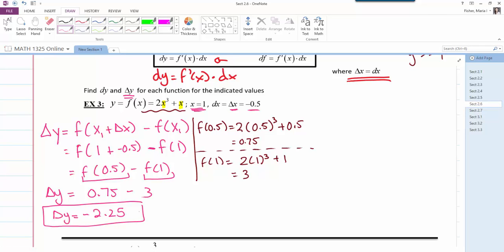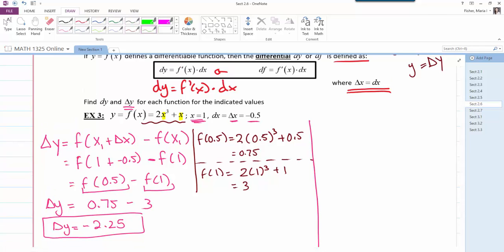Well, what about the differential? What is dy equal to? So dy is the approximate change. Well, dy is equal to, if you look up here, f prime of x times dx. So in order to figure out what dy is, I first need to figure out what the derivative of this function is.